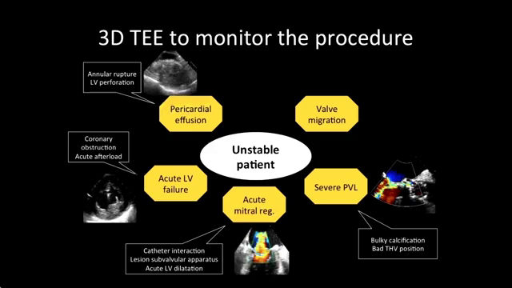Important causes of hemodynamic instability during TAVI include pericardial effusion following annular rupture or myocardial perforation, acute left ventricular failure secondary to coronary artery occlusion, or acute afterload mismatch, acute mitral regurgitation related to traction on the subvalvular apparatus by the stiff guide wire, as in our case, or direct cardiac injury, severe paravalvular leak caused by a bulky calcification, or an inadequate positioning, too high or too low, of the prosthesis, and finally, valve migration.